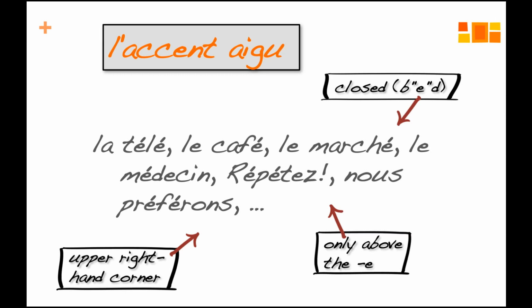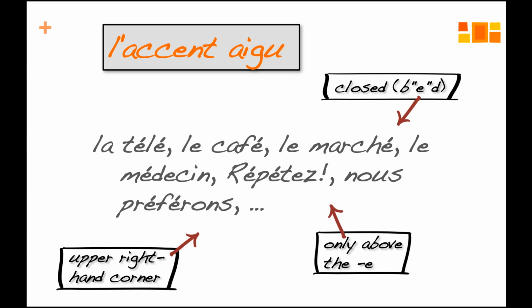And as far as the pronunciation goes and the accent aigu, it actually tells you how to pronounce the E above which it is, a very closed sound. It's a bit like the English word bed. It's actually la télé. You hear that it's a bit more closed even, if you compare it to bed. La télé, bed. Le café, bed.